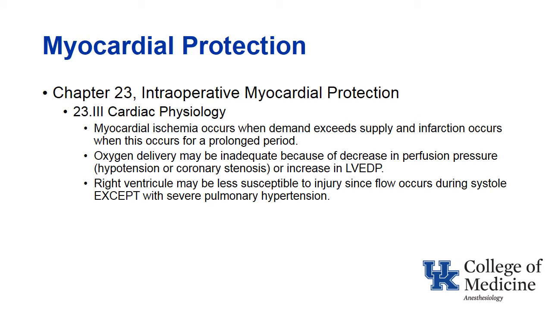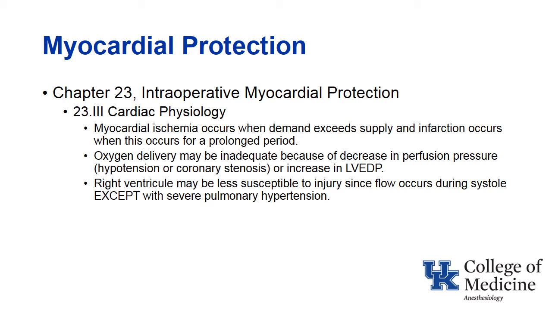Now, to get down to basics, myocardial ischemia occurs when demand exceeds supply, and infarction occurs when this situation persists for a prolonged period. Oxygen delivery may be inadequate because of a decrease in perfusion pressure, hypotension, decreased aortic diastolic pressure, or through coronary stenosis, or through an increase of LV-EDP, or a combination of these factors.